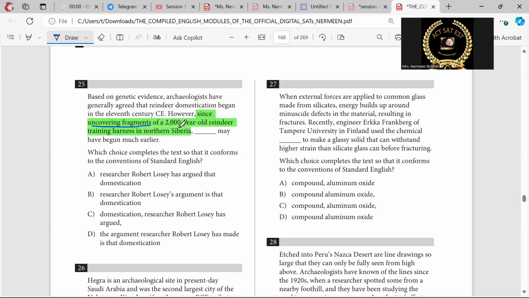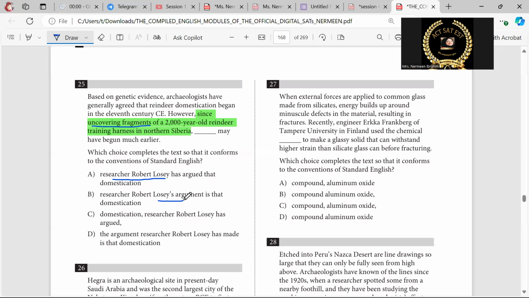Is it the domestication? Researcher Robert Losey has argued that domestication may have begun much earlier, or researcher Robert Losey's argument.